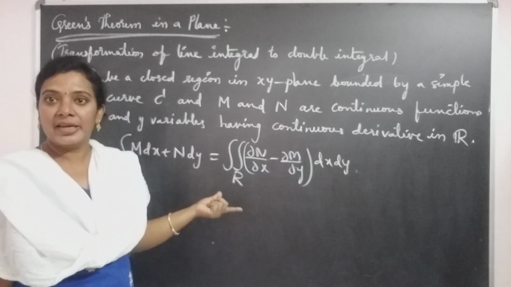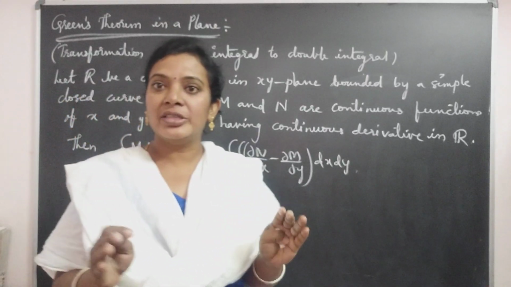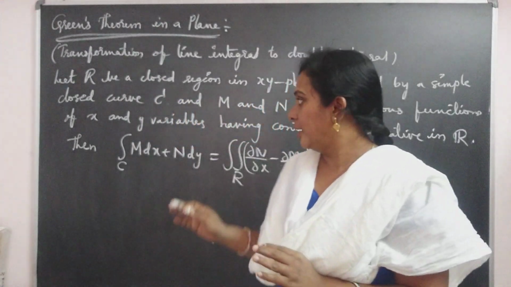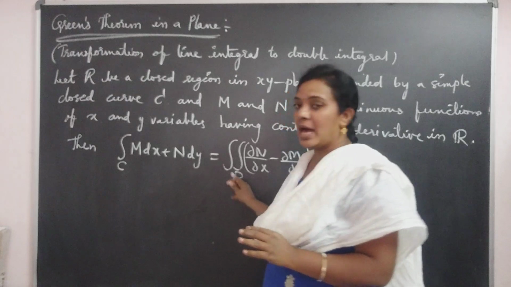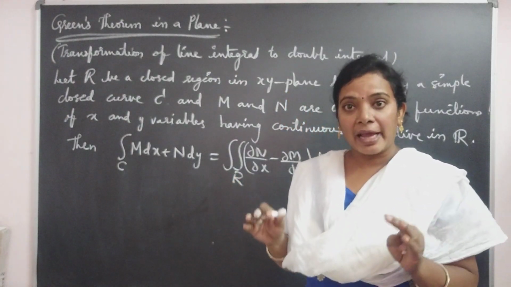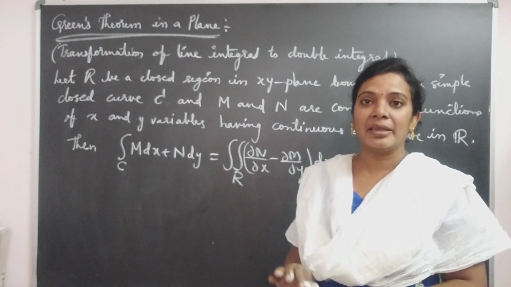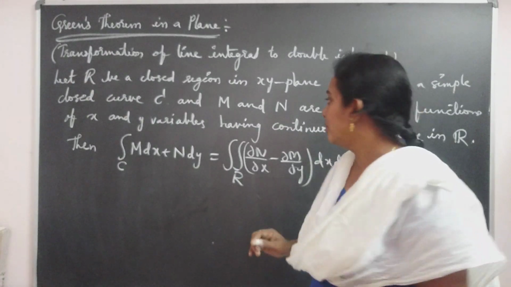The line integral means the curve is a simple closed curve, that is curve C, and capital R means a region in the xy plane bounded by a simple closed curve.